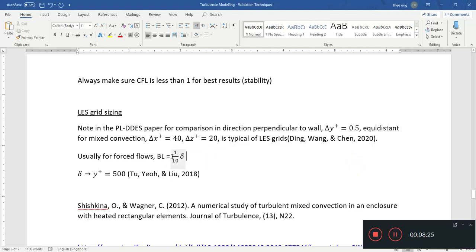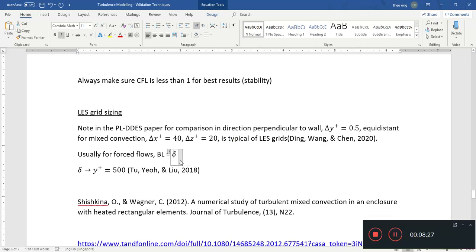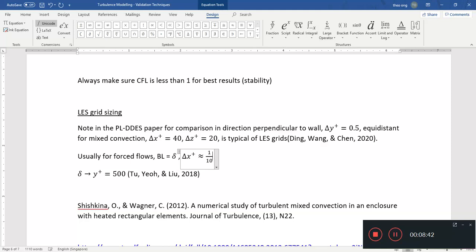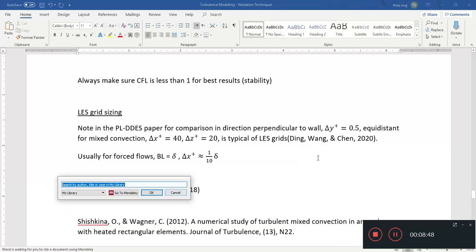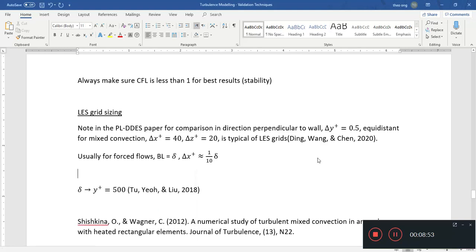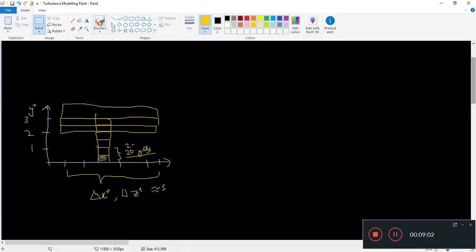Okay, if your boundary layer thickness is equal to delta, then delta x plus is approximately 1 over 10 of delta, where delta is this boundary layer thickness. This is from Spalart's paper, where he talks about detached-eddy simulation.